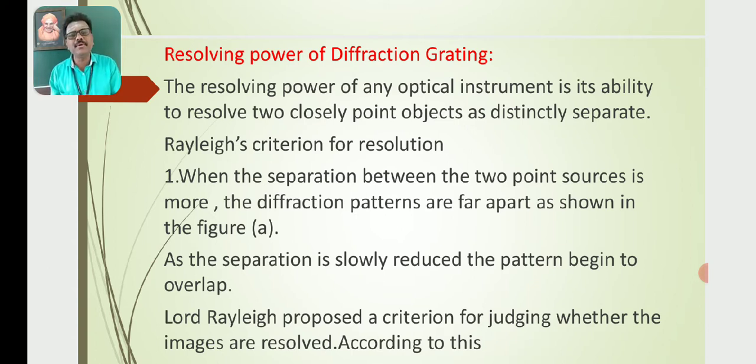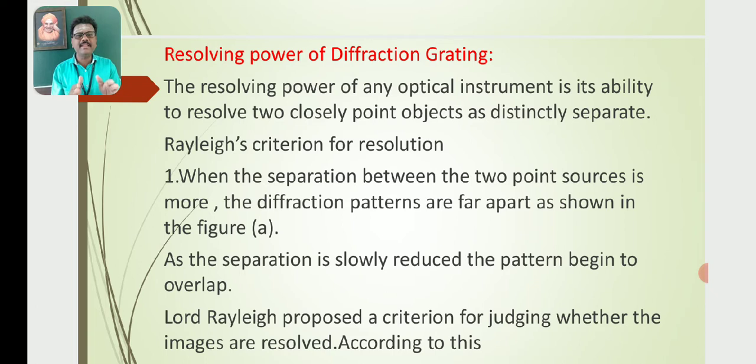We can't see the different things clearly. But if the same object is observed under the microscope, then you see the difference. So that is the resolving power of the microscope and the resolving power of the naked eye.